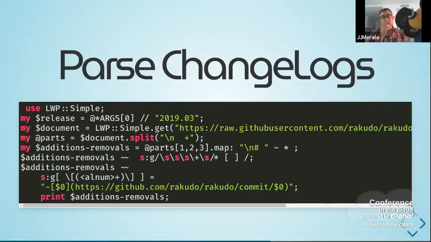The way we do it now is that we find out changes in release changelogs. There is a changelog document every time there's a new release. For instance, there was a new release of Raku last week, 2020.06, and we parse the changelog using this script. It's just this script, there's nothing much more to it.